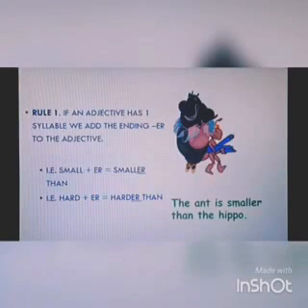Comparative adjectives have rules. The first one is, if an adjective has one syllable, we add the ending er to the adjective. I have two adjectives here, small and hard, which are adjectives with one syllable.